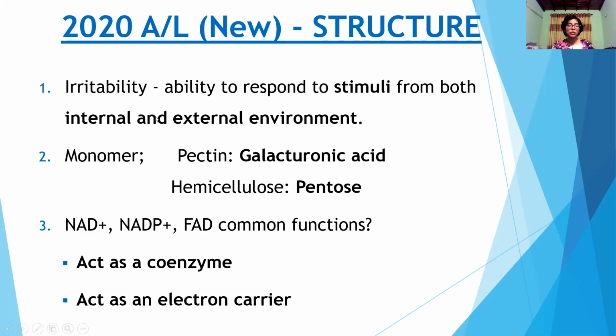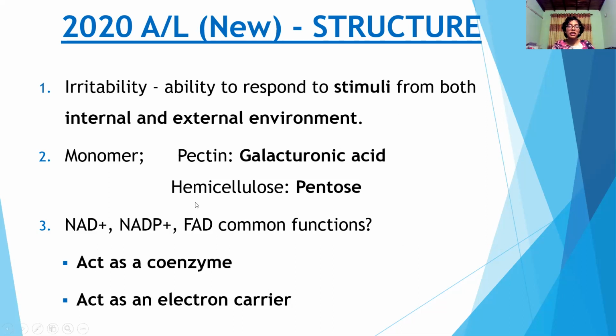Okay. So the next question is about monomers. You all know that pectin and hemicellulose are polymers, to be more specific, they are polysaccharides. So polysaccharides, to make it simple, are many monosaccharides joined together. You all know how they form.